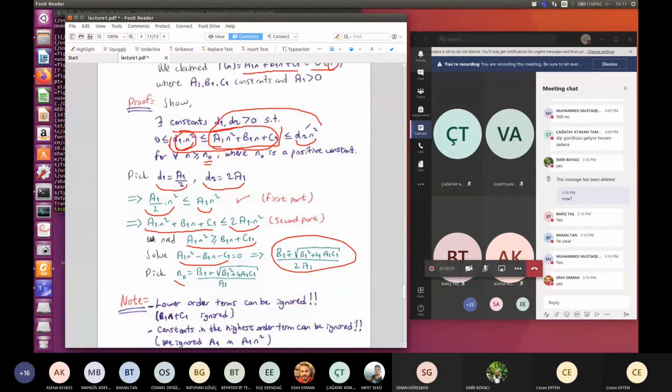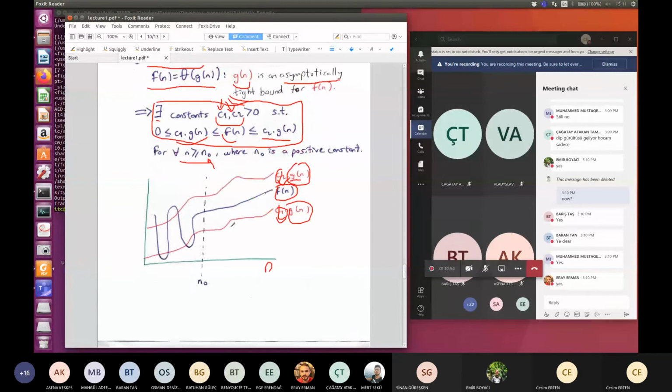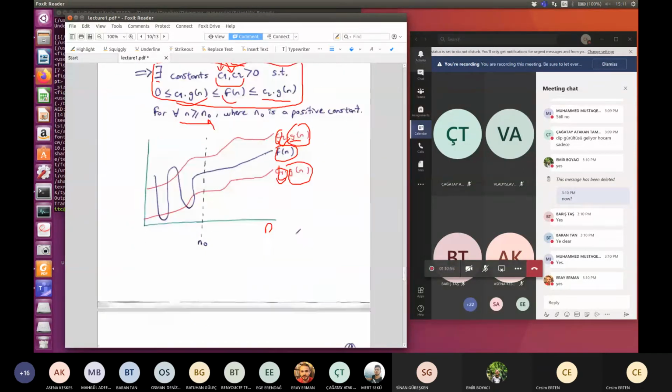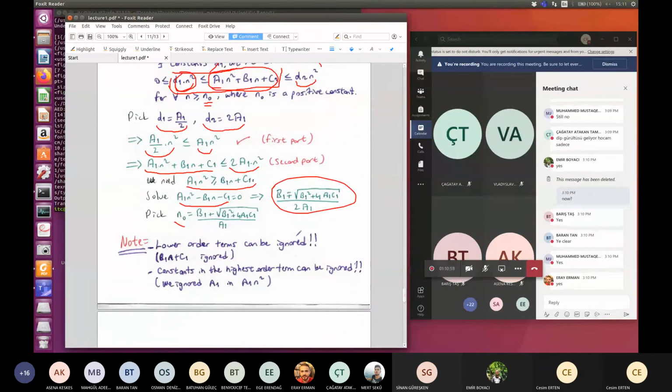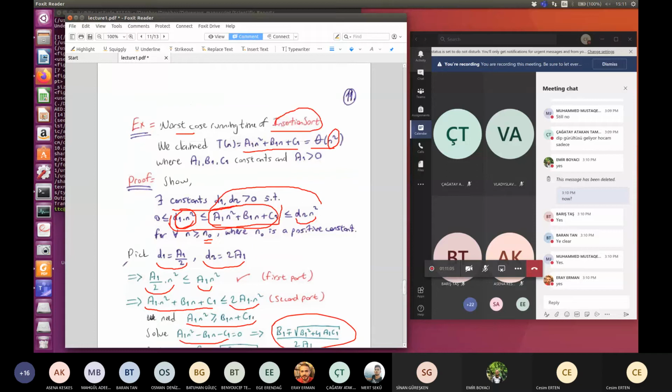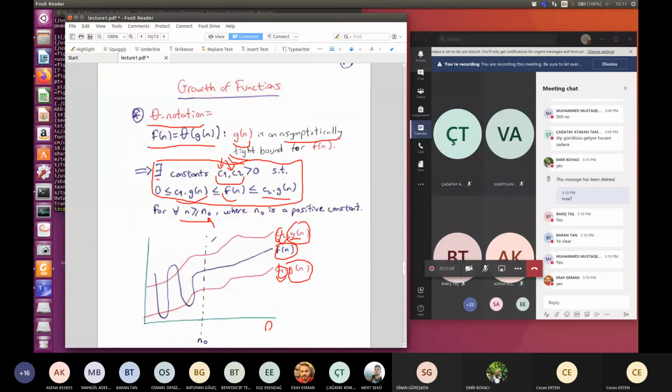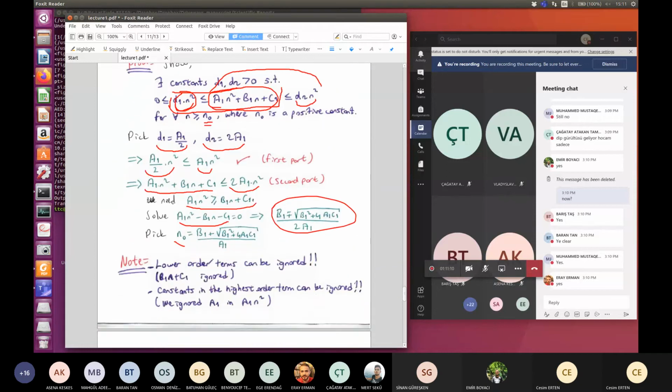Okay, so although this is the formal definition of the theta notation, it's good to keep in mind some simplifying facts. One of the things that this definition tells us is that we can forget about the lower order terms with the use of the theta notation.